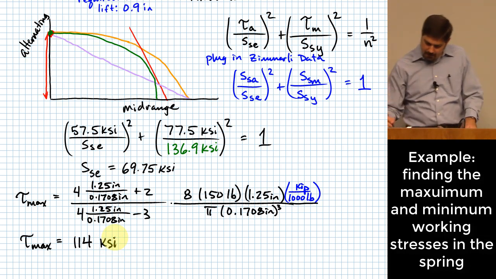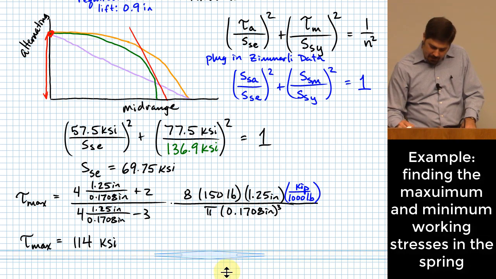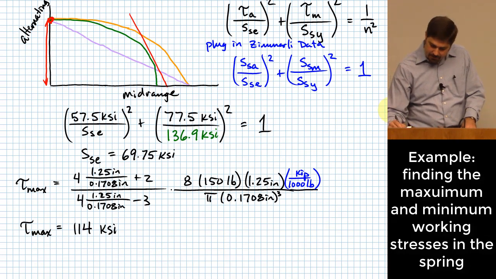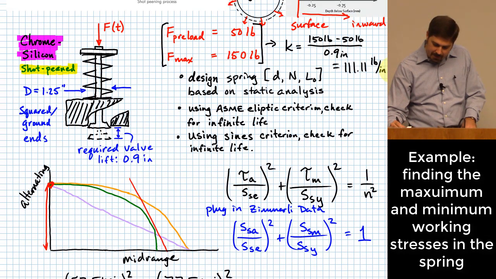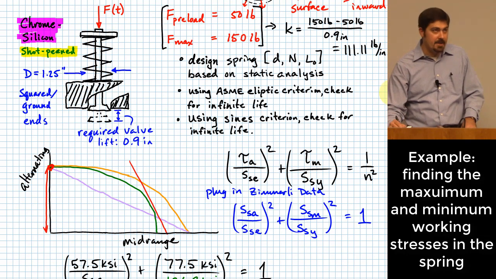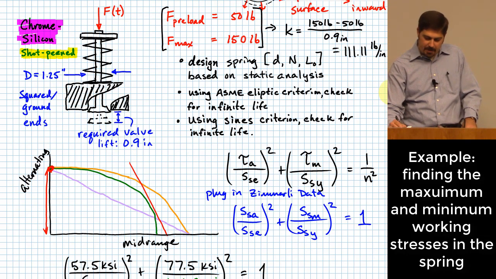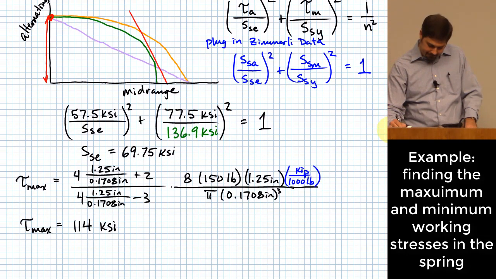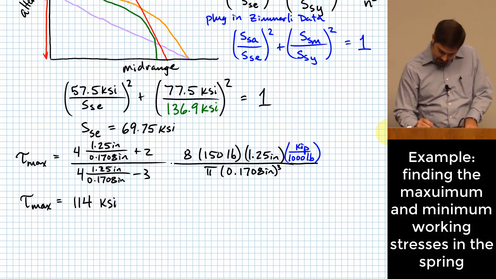All right. Now when I find my minimum stress, which is at the other end of the scale, it's going to vary between 50 pounds and 150 pounds. So my minimum stress is where I've got the 50 pounds in the spring, and that's really the only thing that changes.